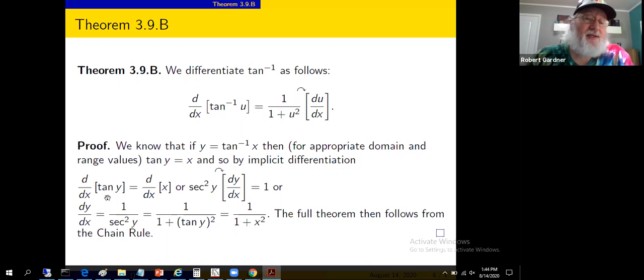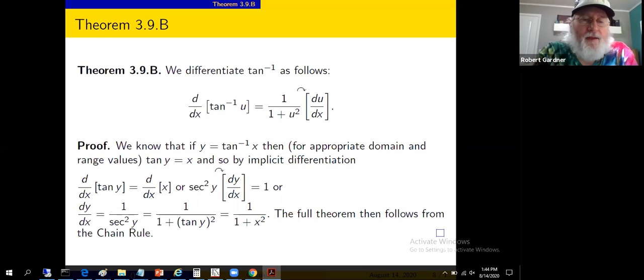So differentiate the tangent function, the outer function, to get secant squared of y, multiply by the derivative of the stuff inside, the derivative of y with respect to x. That puts a dy dx over here. dy dx is what we're looking for. Solve for dy dx, divide both sides by secant squared. We get dy dx is 1 over secant squared y, and this one is similar to the last one, only easier.